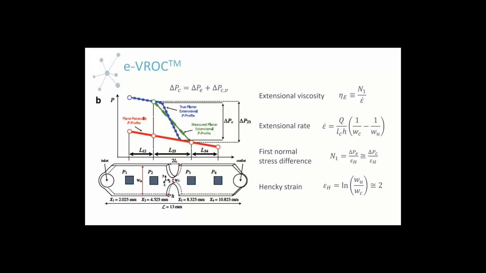Okay, so just as a first peek at how things will look different when we start generating data in a moment. I had already mentioned the nature of the geometry of the m-VROC, or the extensional channel. The way it's set up is we have our pressure sensors, 2 prior to the center zone and 2 following the zone.